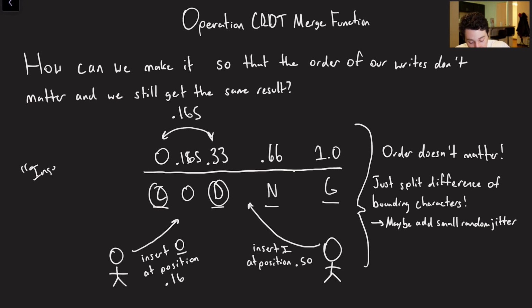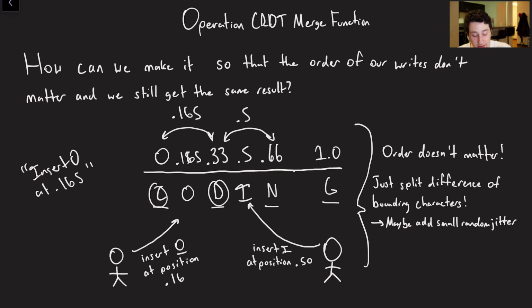And that's what I'm going to write over the network. Insert O at 0.165. Cool. And then the same thing over here, if I wanted to insert I between D and N, I would take 0.33, 0.66, split them in 2, and that's going to obviously be 0.5. So now all of a sudden I have I at position 0.5.